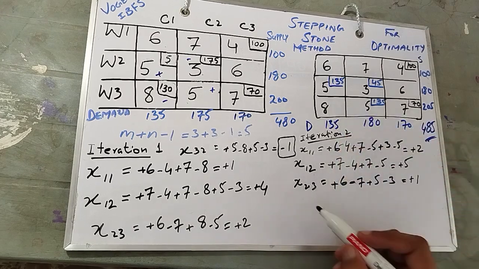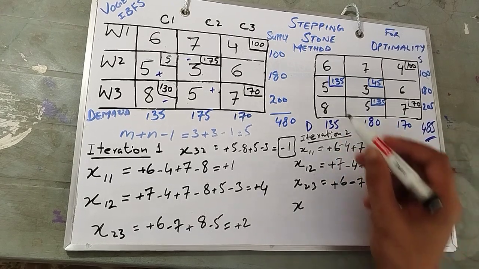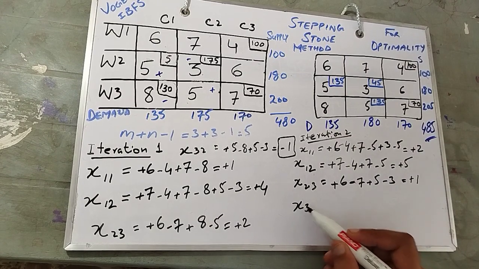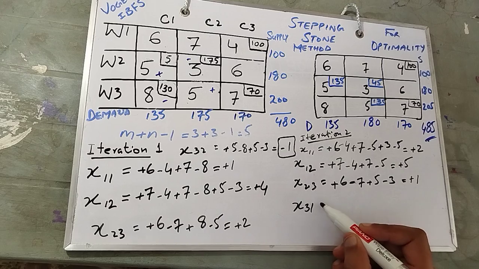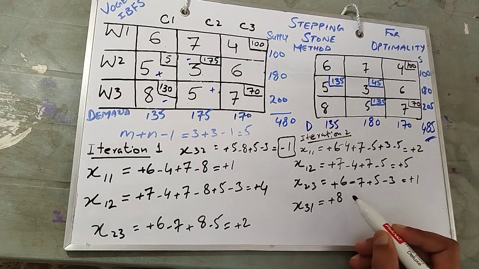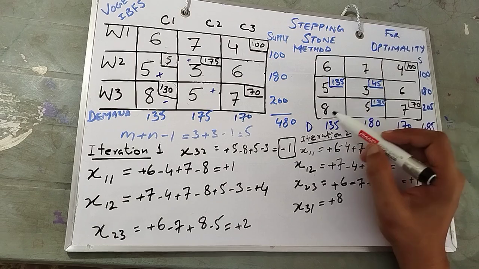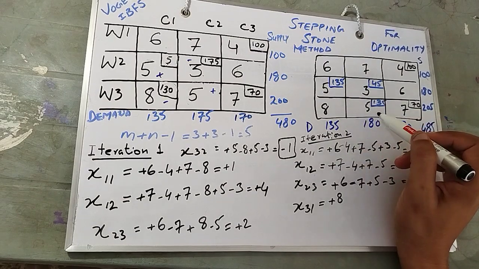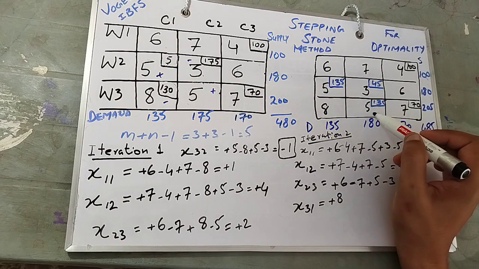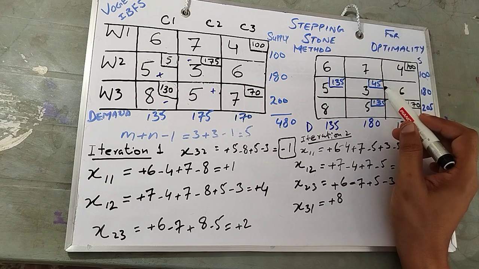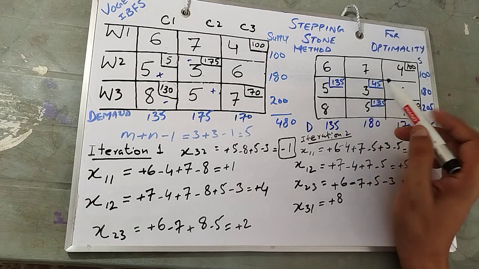The last one we are done. We are remaining with 8, that is X, third row and first column. So plus 8. Starting from the plus 8, we are lucky to find multiple stepping stones. 5 is allocated, so it's a stepping stone. 3 is allocated, so it's another stepping stone. 5 is allocated, it's another stepping stone.